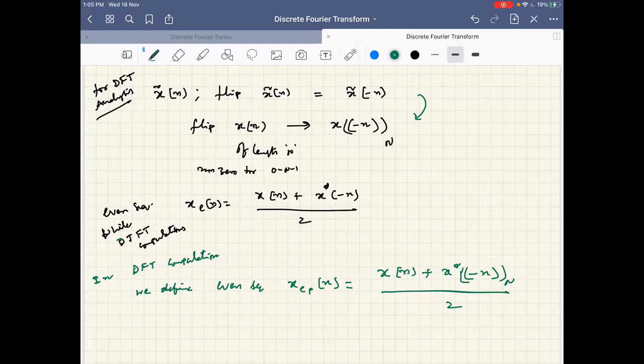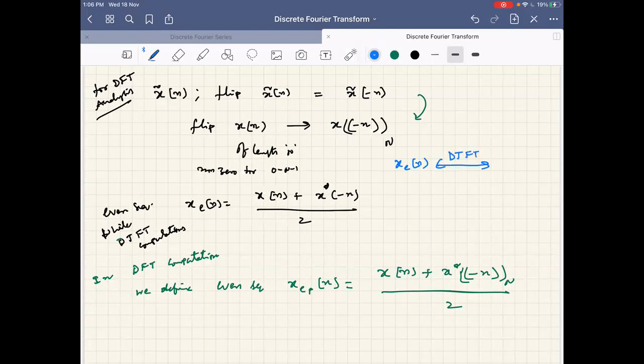Initially we started with this for all DFT computations. Now let us also write here: if we have x even of n, what if we take the DTFT, the discrete time Fourier transform?